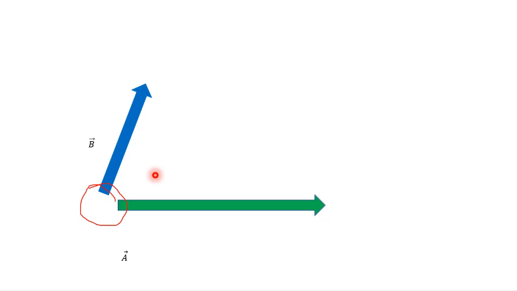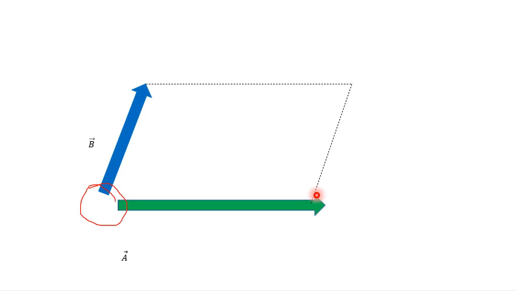First let us draw a side parallel to A, this dotted line. Next, let's complete the parallelogram by drawing another side parallel to B, this one.